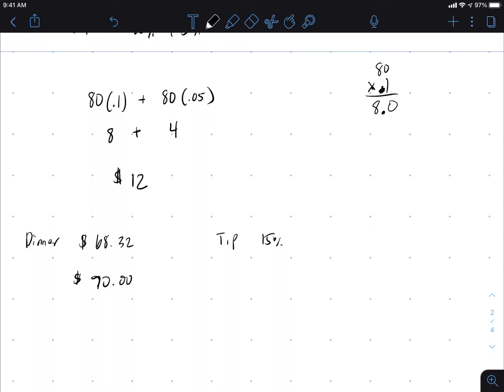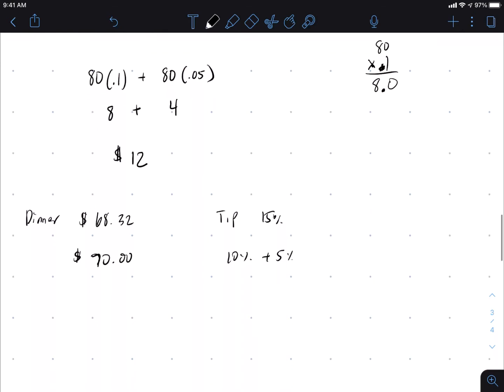And then our tip is 10% plus 5%, right? Just to make life easy. So what's the 10% tip going to be? How many spots do I move the decimal? 1. So what's it going to be? $9. Oh, this is a 7.